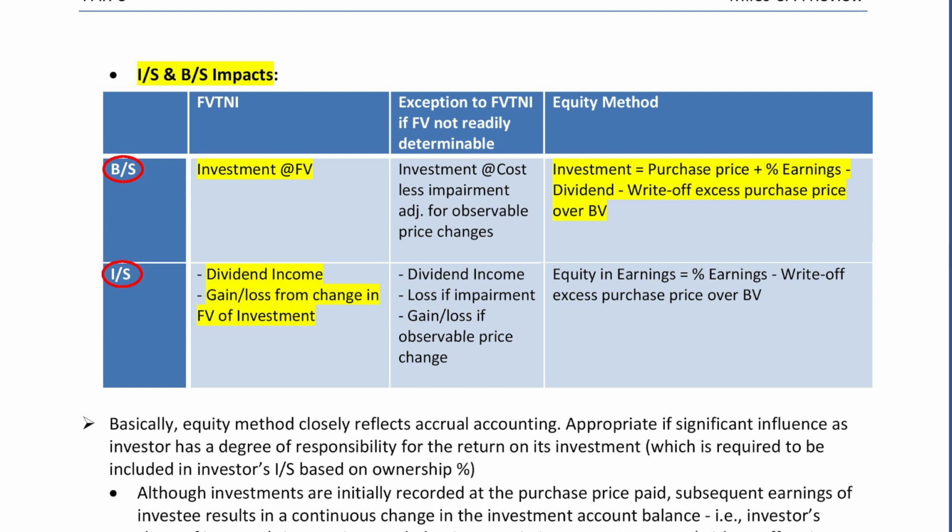Whereas under the equity method, we have equity in earnings on the income statement, which includes percentage earnings of the investee minus any write-off from the excess purchase price paid by the investor over the book value of the investee.